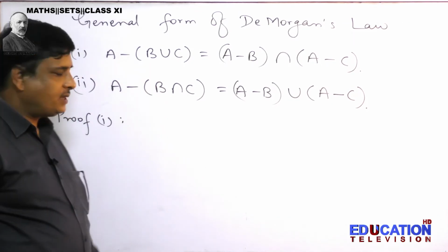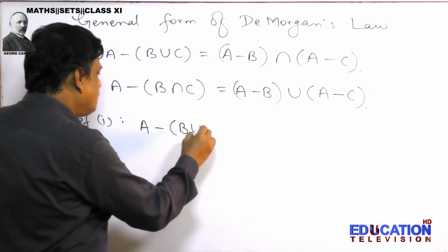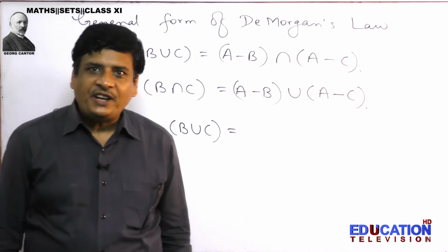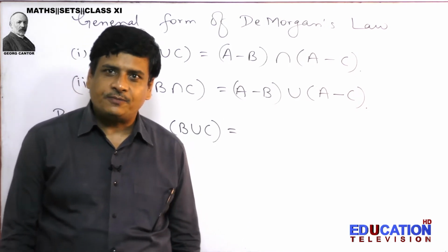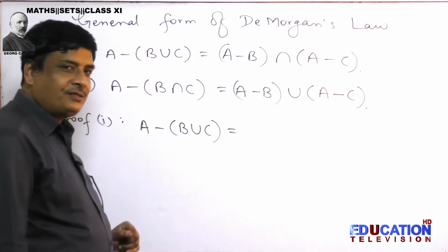First, the proof. A minus B union C is one set or three sets? It is one set.